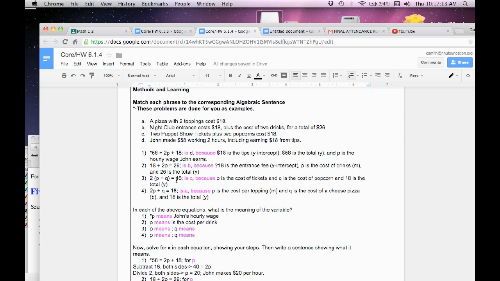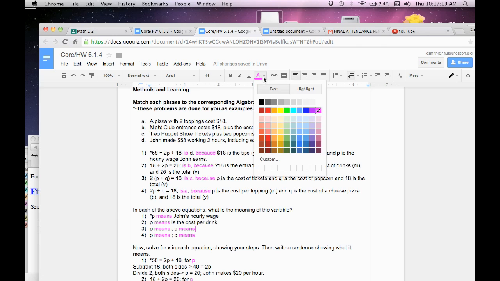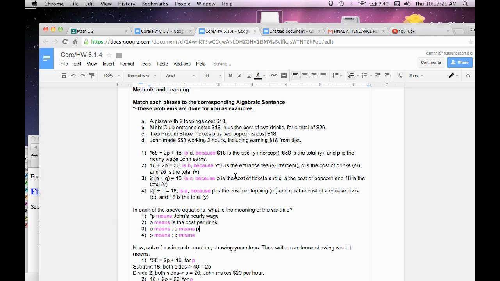In 3, P is the cost of the tickets, and Q is the cost of the popcorn. P is the price per ticket. Q is the price per popcorn.